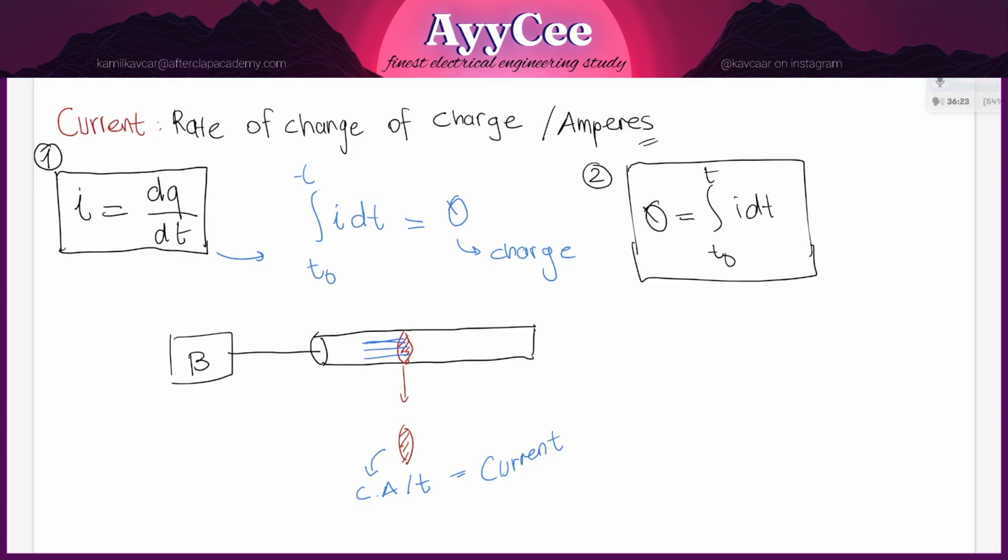Because if you check equation 1, in which we define current as I equals dq over dt, depending on the type of function that our charge equation has, it could be sinusoidal, it could be any function, right? When we take the derivative, that's just going to be our current, meaning that we could get lots of different types of currents, because the dq over dt equation could be anything.